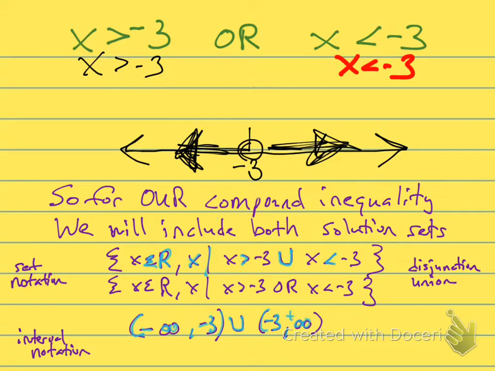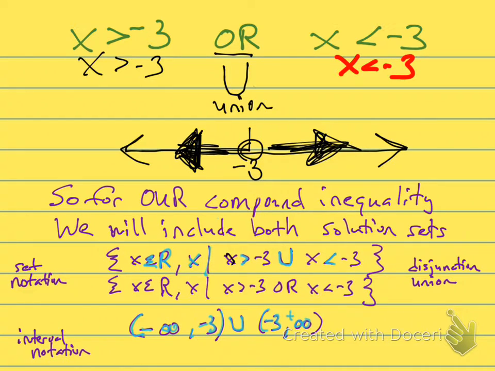Because we're using the disjunction or, which is instruction for us to use the union of the two sets, we're going to take each of the inequalities and graph them together. So we have x is greater than -3 and x is less than -3. So for our compound inequality, we want to include both solution sets.